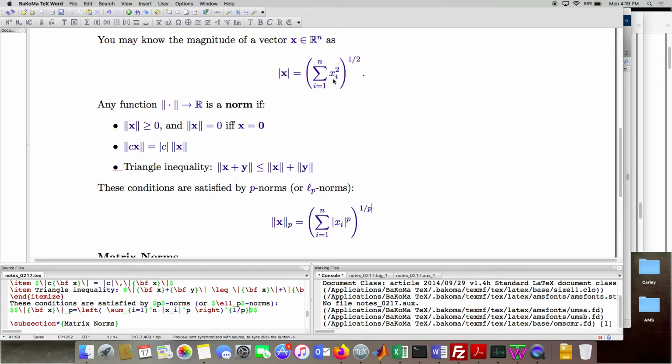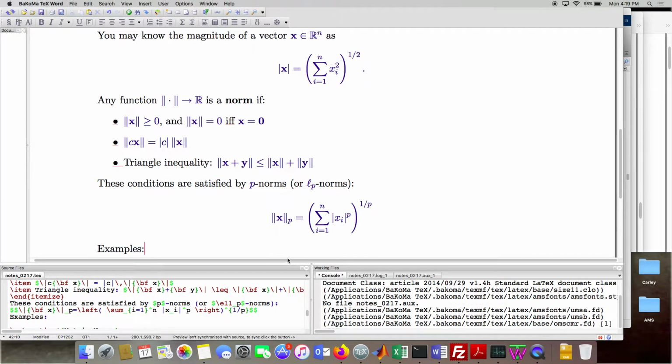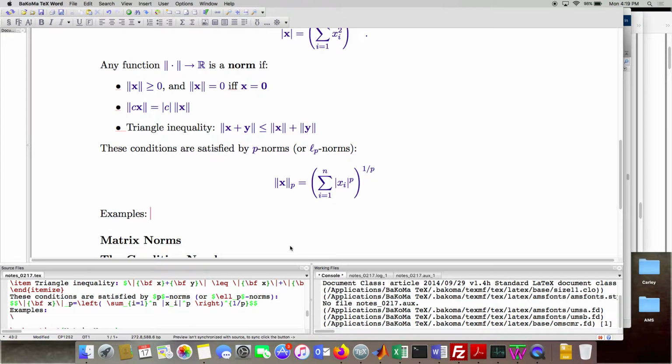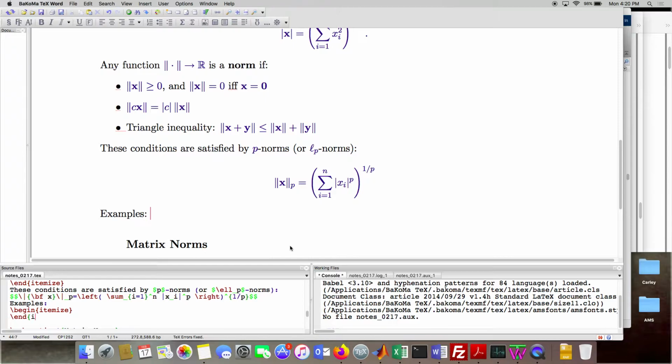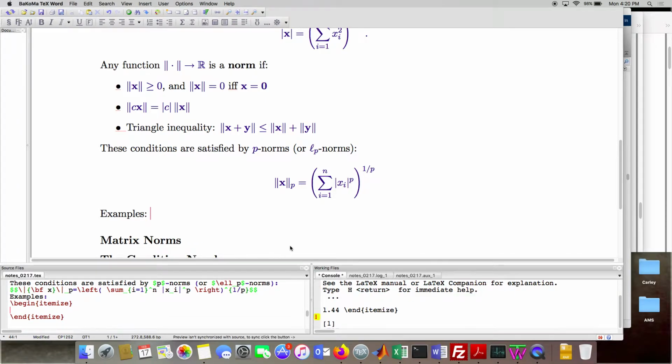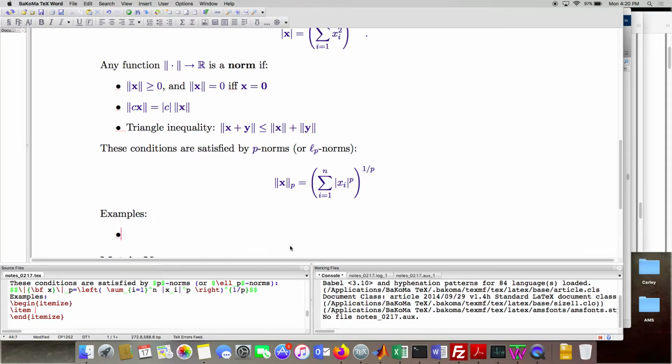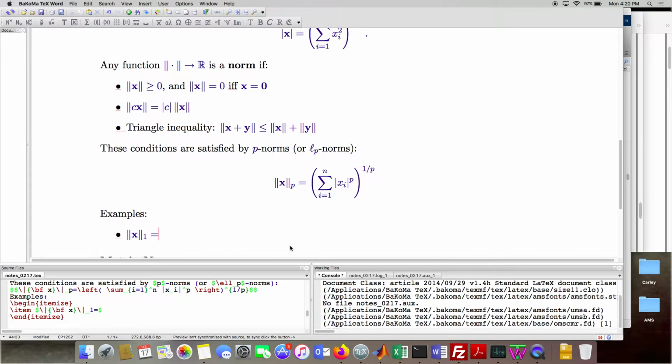Okay. So here are some key values of p that are often used. Okay, so first we have the 1 norm.